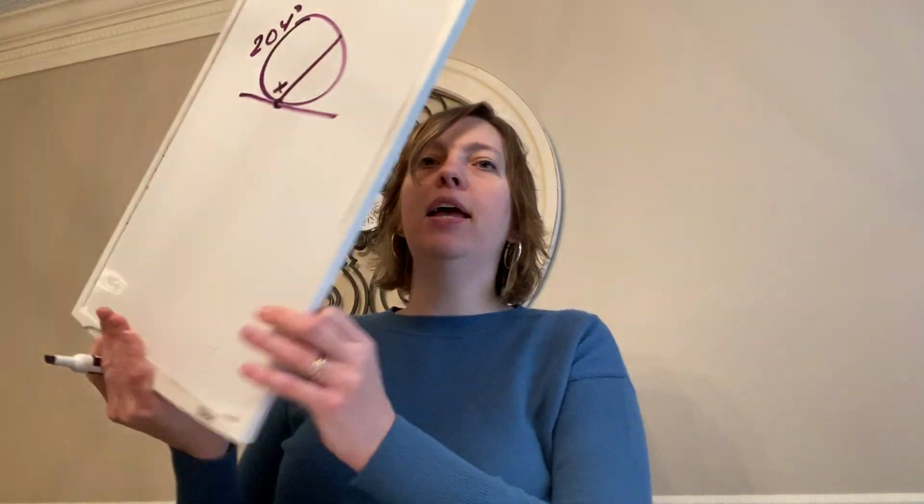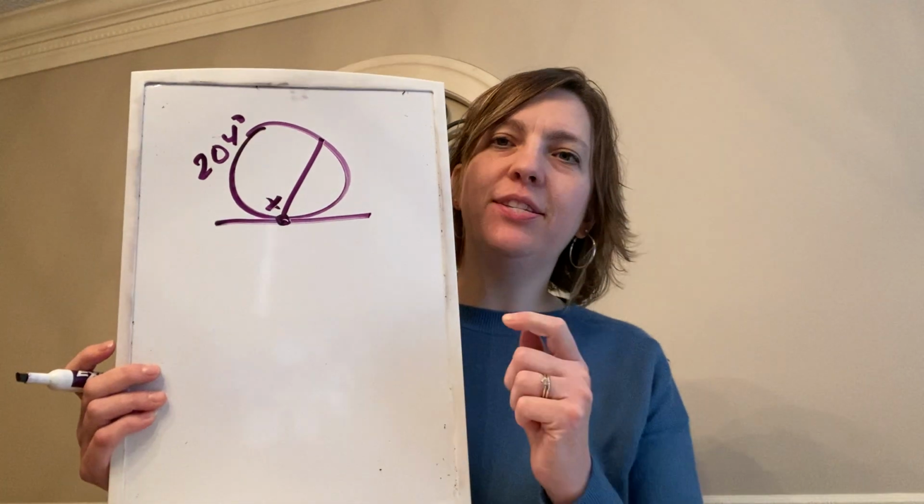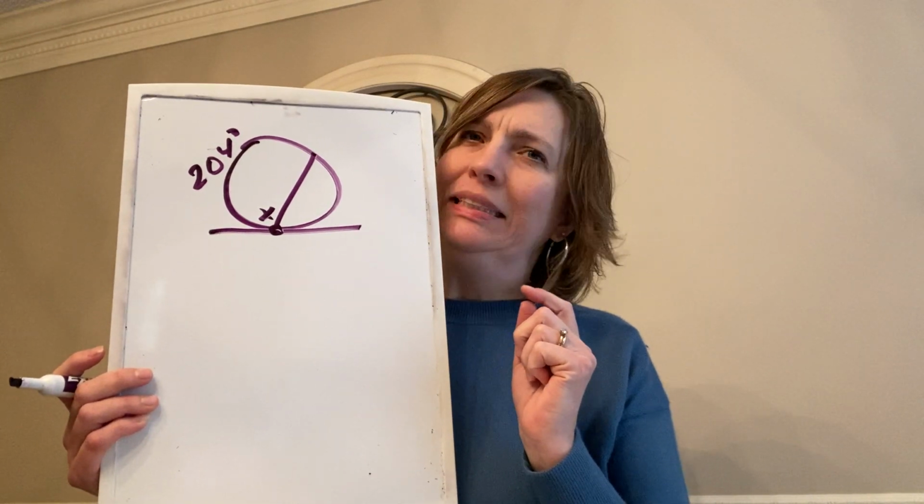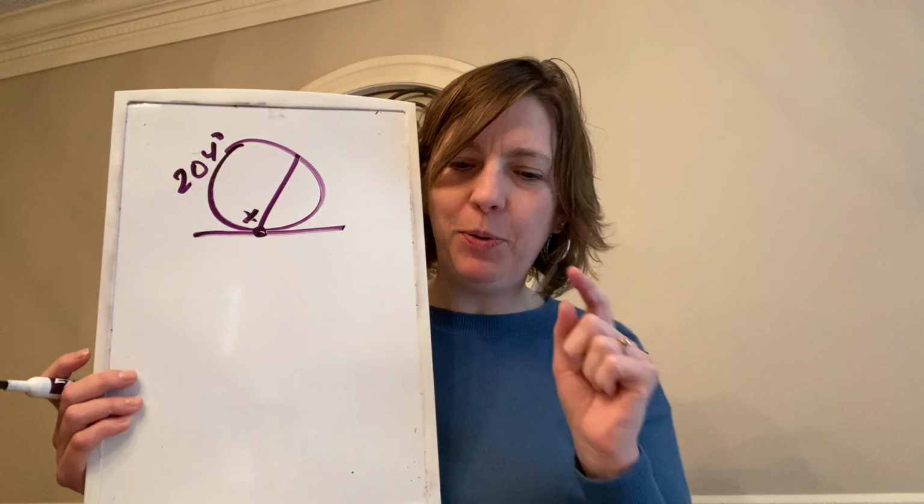All right, so the picture looks something like this. It crosses at one point, and it tells me that this whole area is 204 degrees. All right, so here is my circle, not so circly, but just pretend with me.